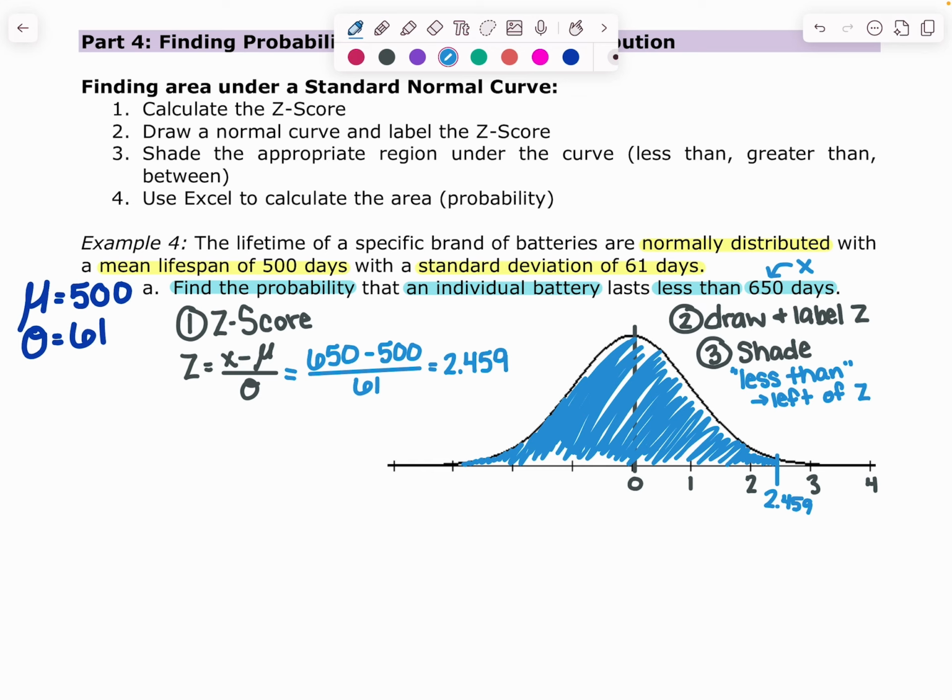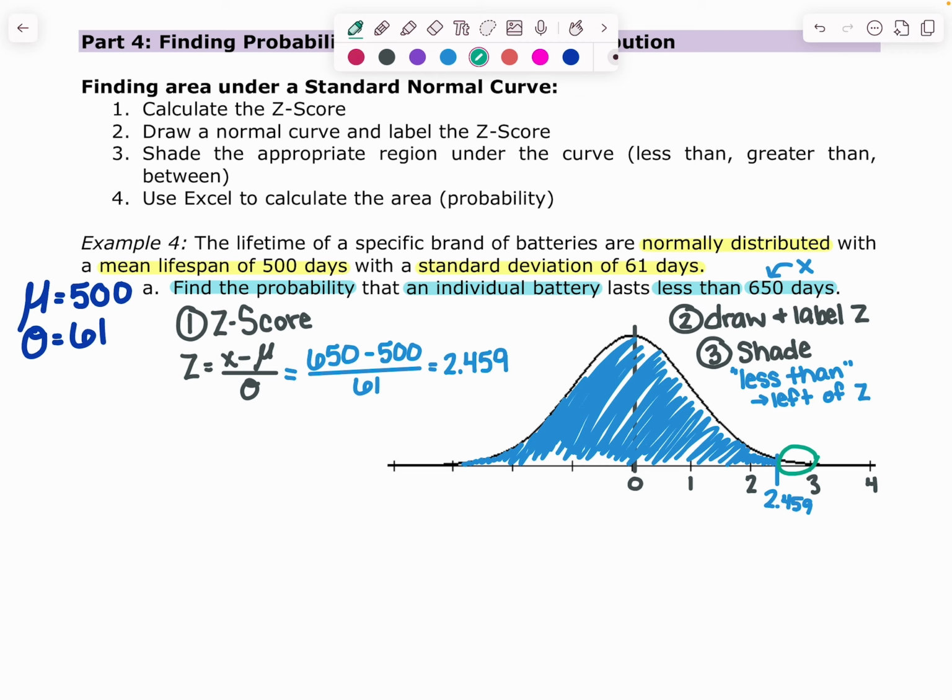This is so that you can visualize the probability that we're going to be calculating. So when I see this, I can see that I've shaded almost the entire curve. And if the entire area under my curve should equal 1, and I've shaded almost all of it, there's this little region over here that is not shaded.